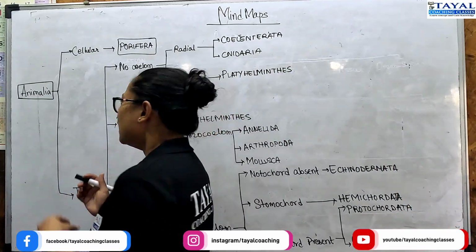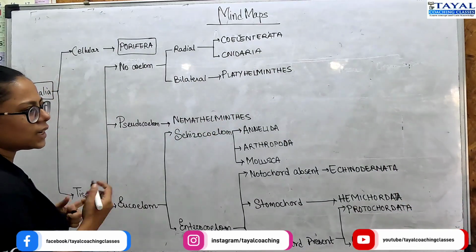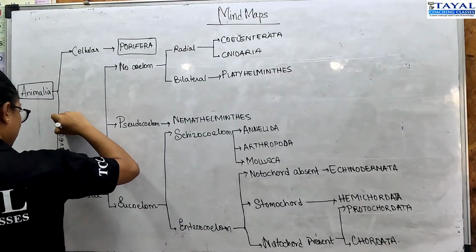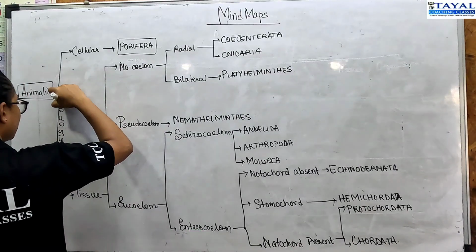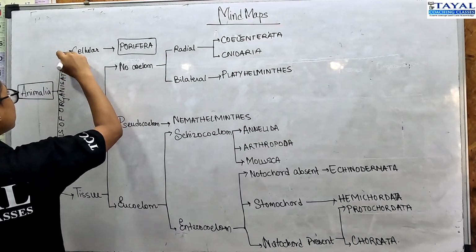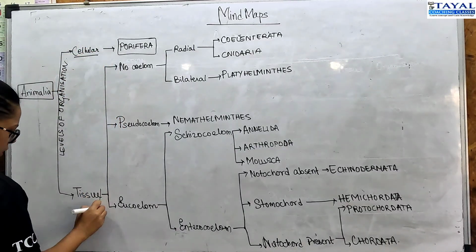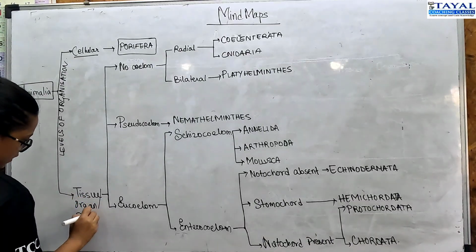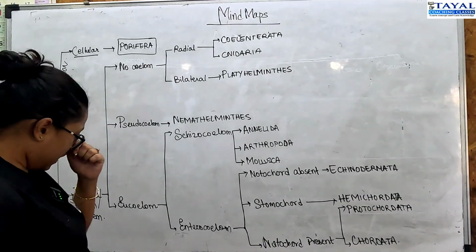So let's start. Animalia was initially classified on the basis of levels of organization, and was divided into cellular, or tissue and organ system level of classification, right?